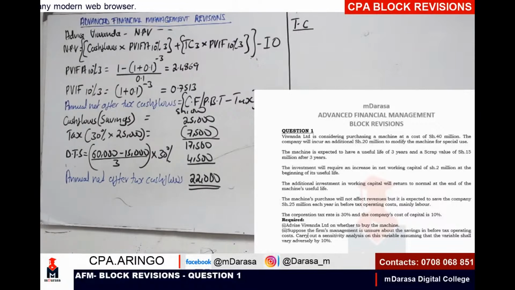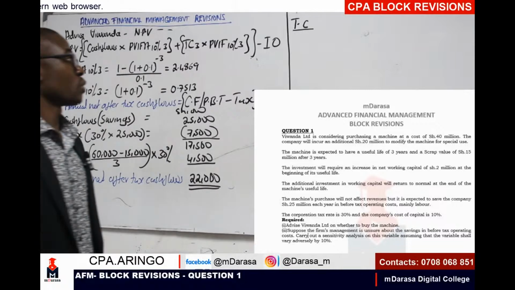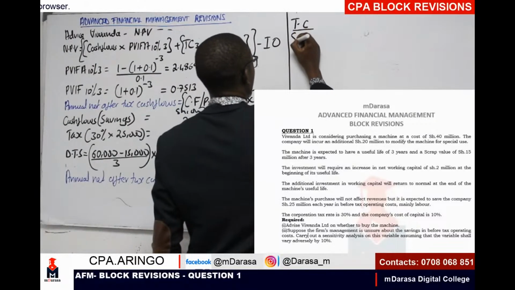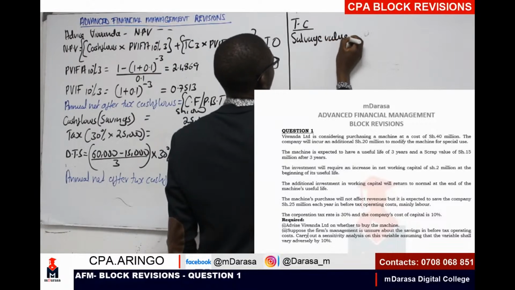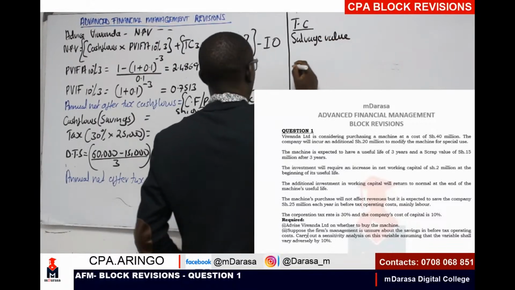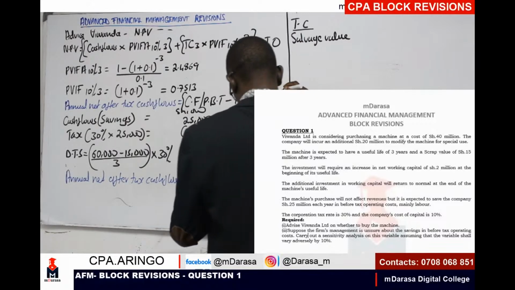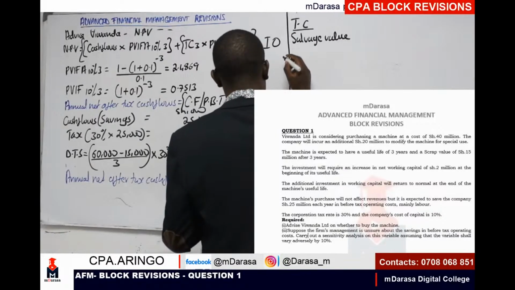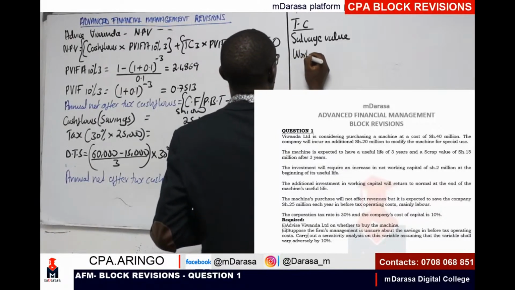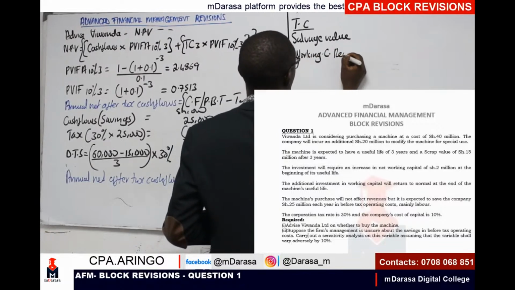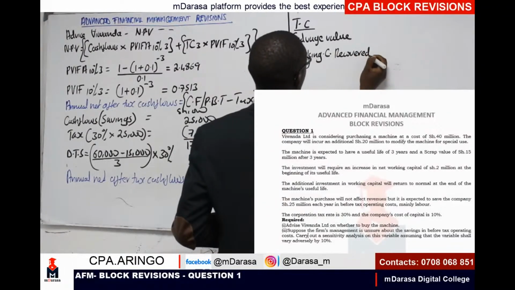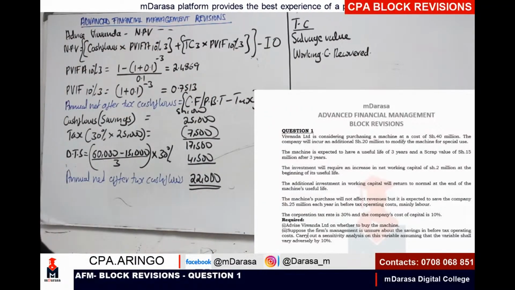This is salvage value. In this case, you add the working capital recovered. This will give us our terminal cash flows.